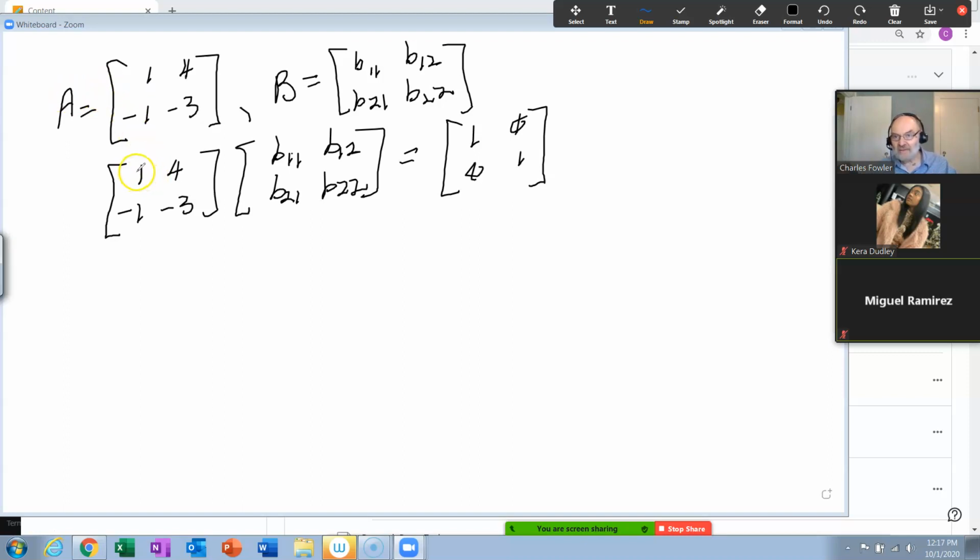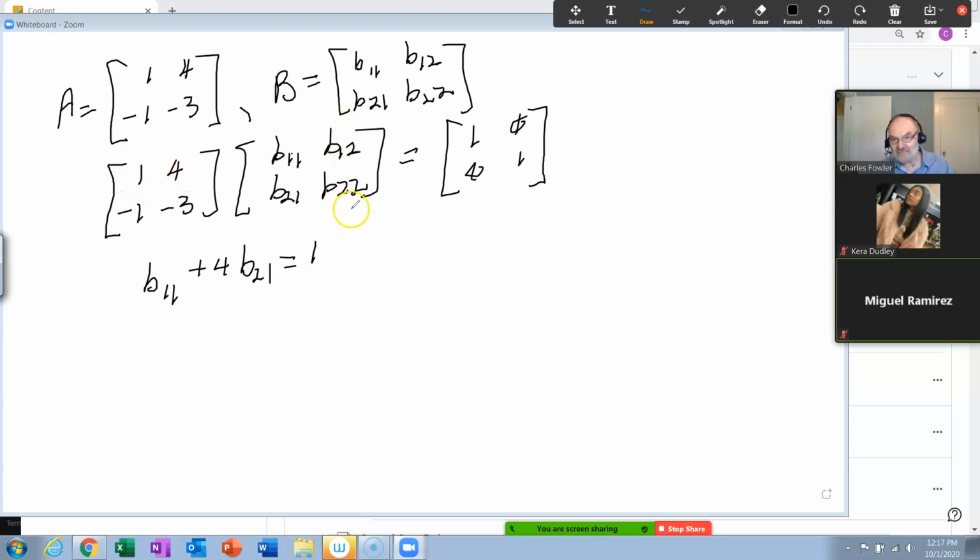We get 1 times B11, plus 4 times B21. So B11 plus 4 B21 has to equal 1, right? This by that has to equal that. Okay, let's do the 1,2 entry.